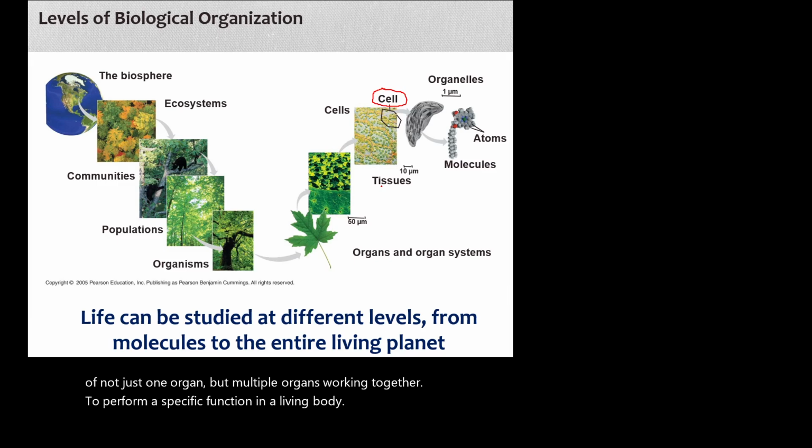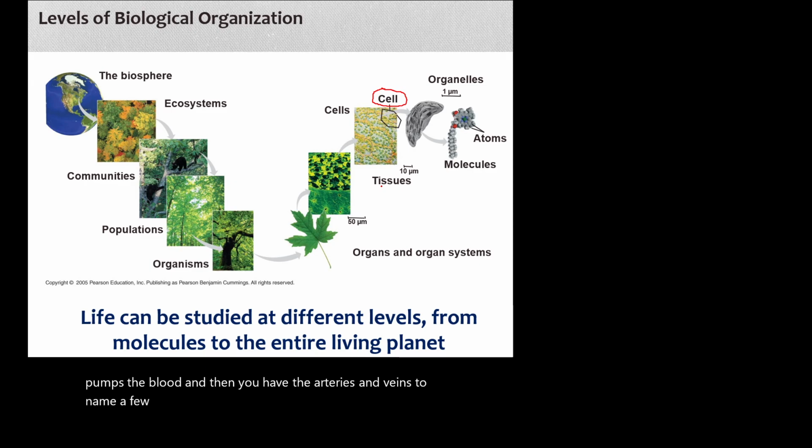For example, in the human body, one of our organ systems would be the circulatory system. We have several organs that are all playing a role in the circulatory system, and if you take one of them out, then the system might not work properly. For example, the heart, which pumps the blood, and then you have the arteries and veins, to name a few.